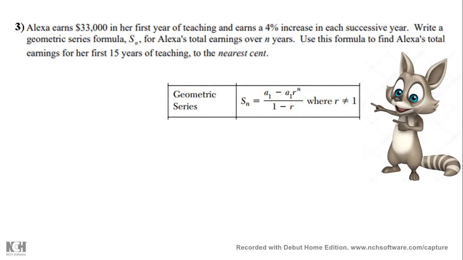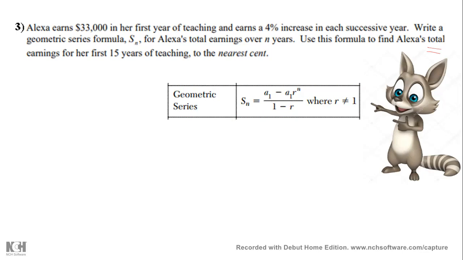But another hint, if they hadn't said that, if they had just asked the question, it says use the formula to find Alexa's total. Now, if I just wanted to find what she made in the 15th year, I would just use the geometric sequence formula. But since I want the total, how much she's made along all those 15 years altogether, I have to use the summation formula.